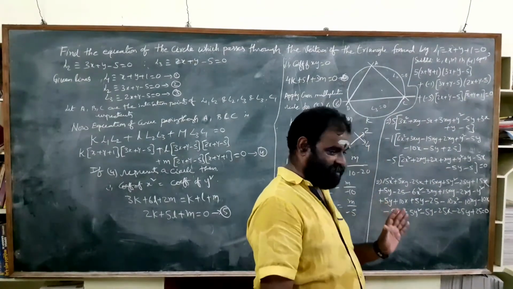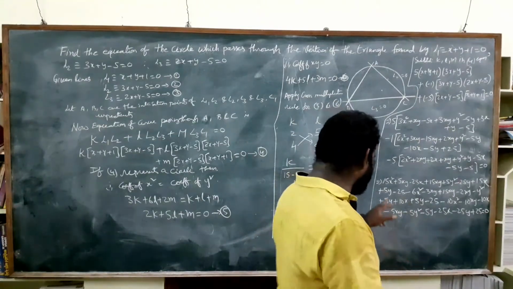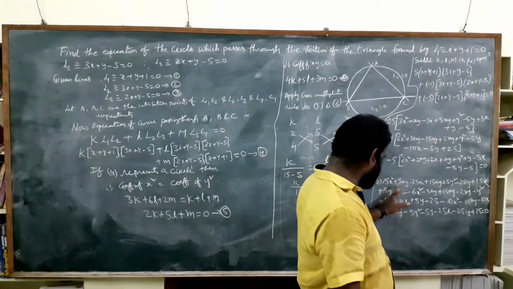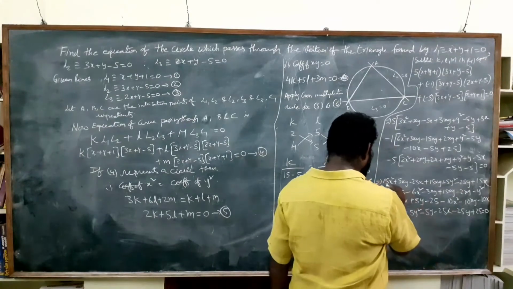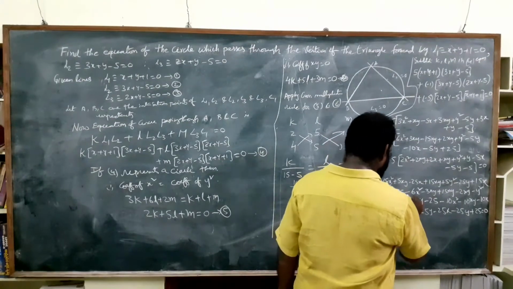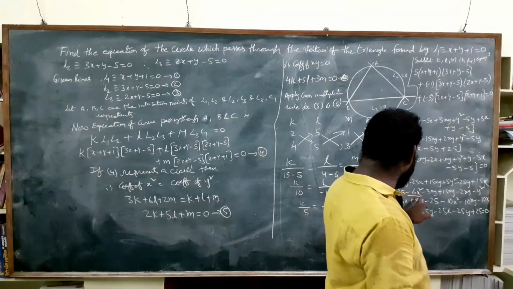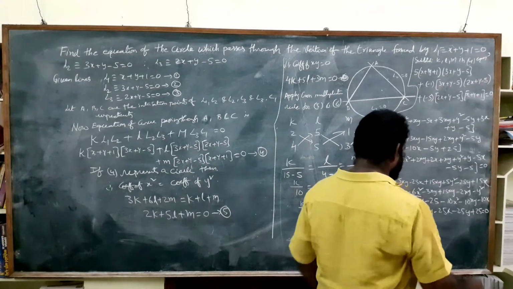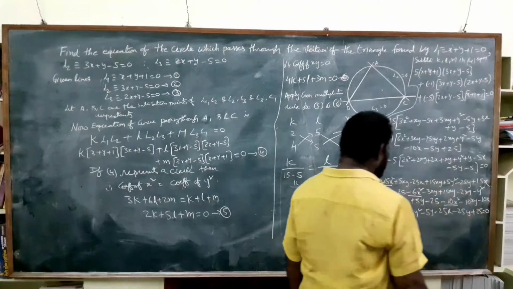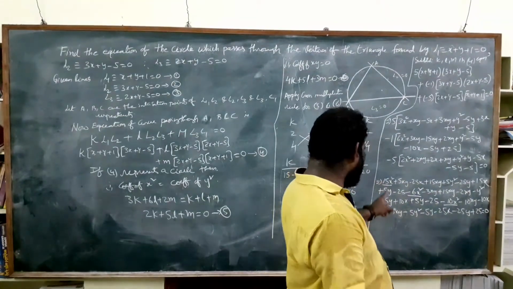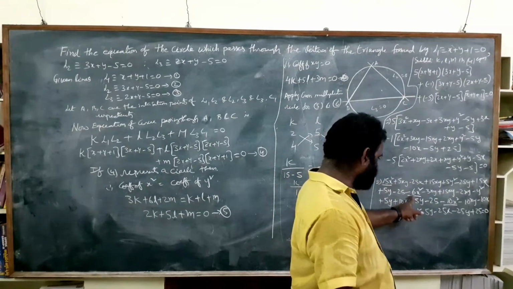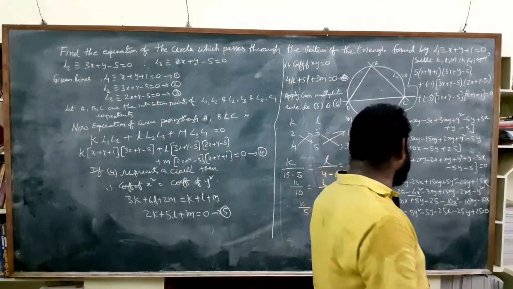So for this, first of all, you go for x square term. Here is the 15x square minus 6x square minus 10x square.